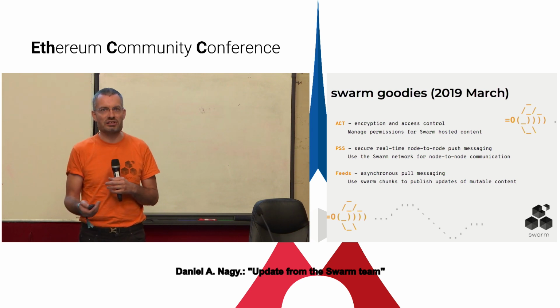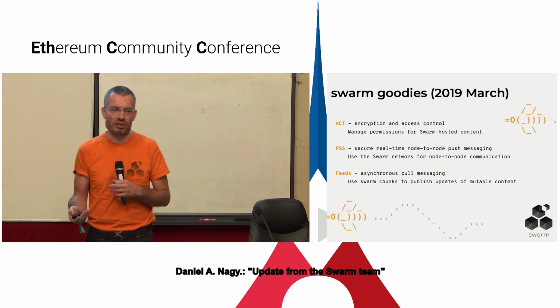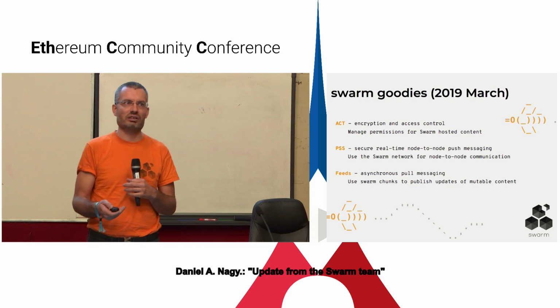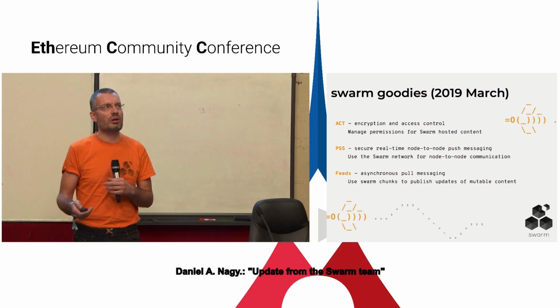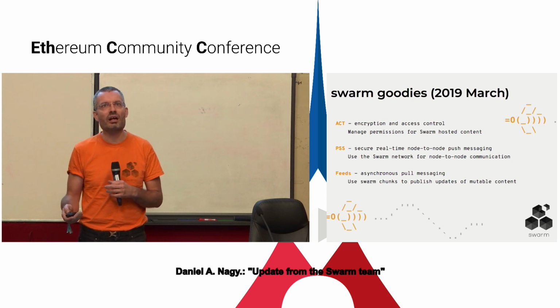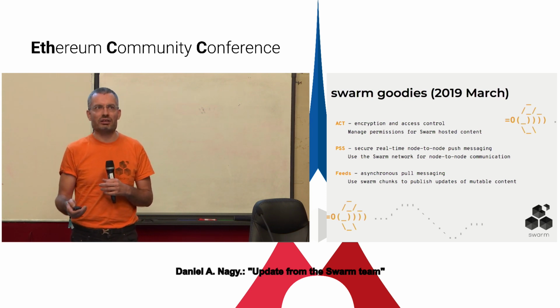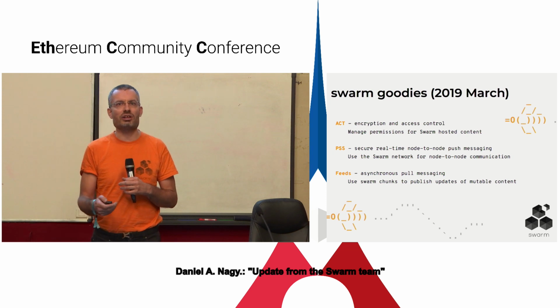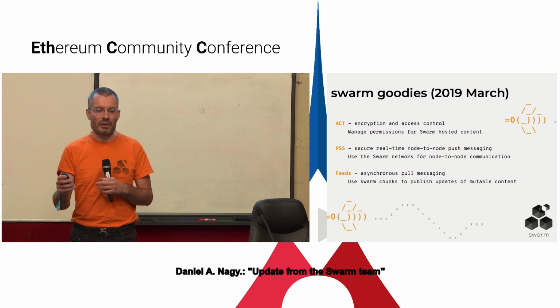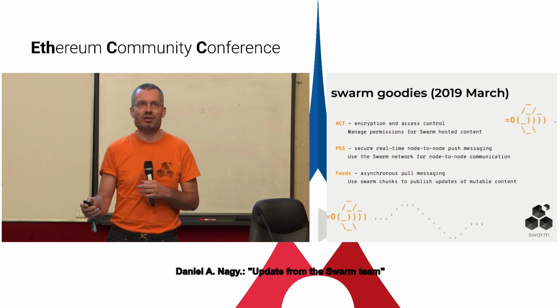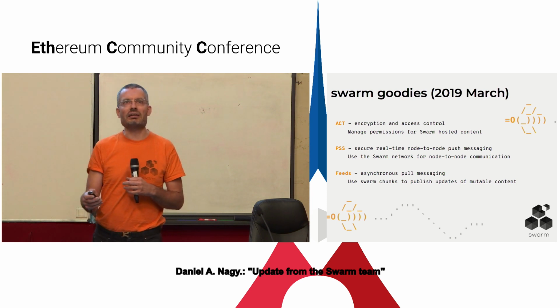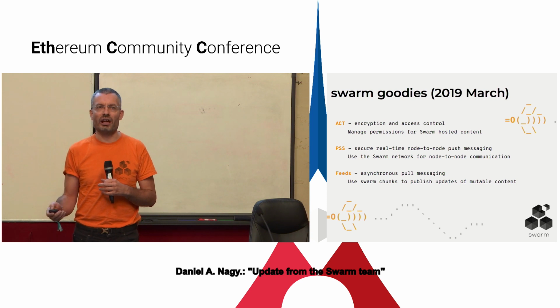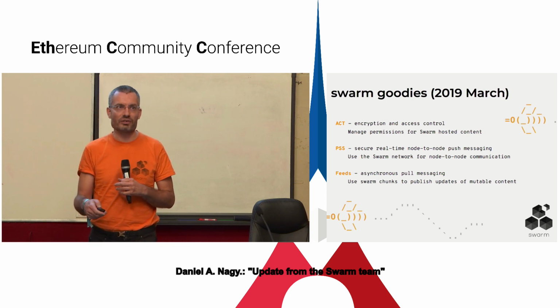It doesn't have consensus because we're not trying to replicate the functionality of the blockchain. We have the blockchain for the consensus. But the swarm feeds are structured in such a way that any user, not only the publisher, can basically checkpoint the swarm feed at any point to the blockchain and hook it up to an ENS resolver.